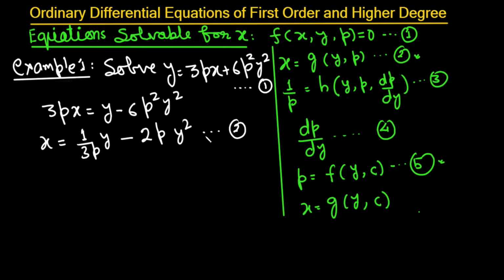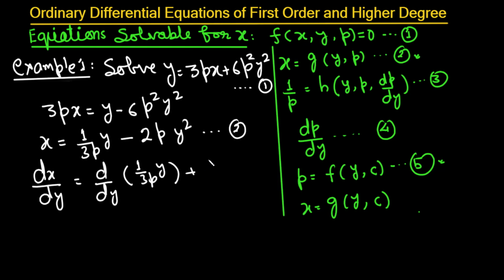Next step, we differentiate this equation with respect to y. So differentiating, we get d over dy of 1 over 3 py plus d over dy of minus 2py square. Further simplifying it, 1 by 3 comes out, and we have 1 by p multiplied by y. We use the UV rule.